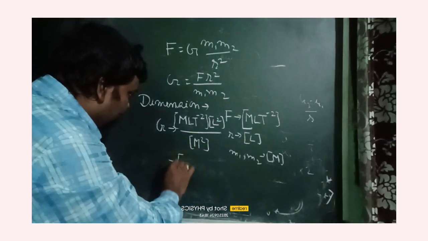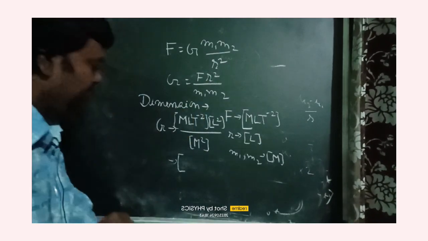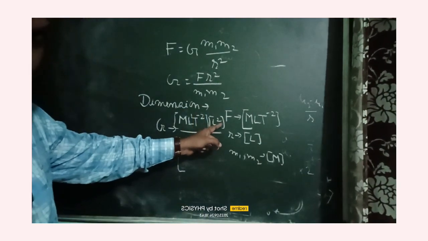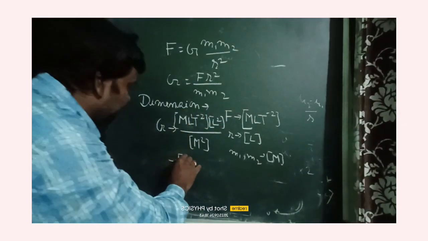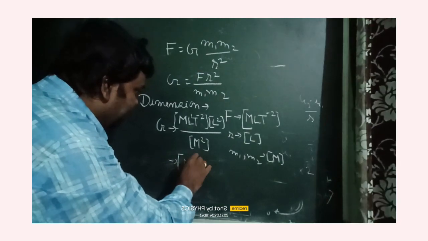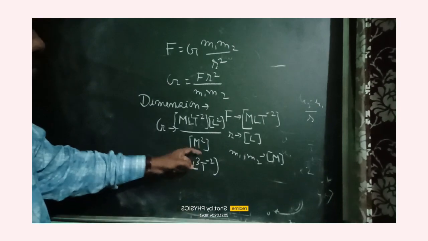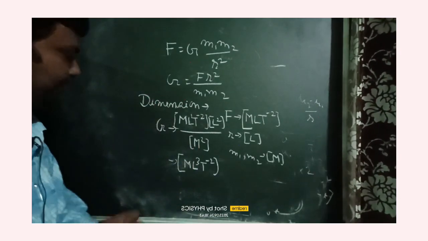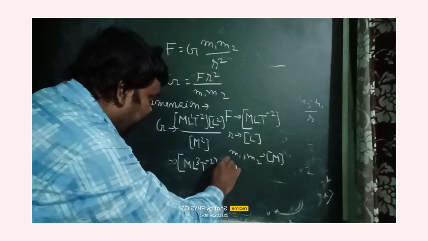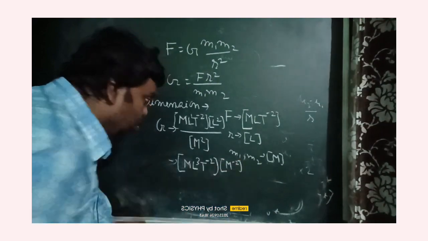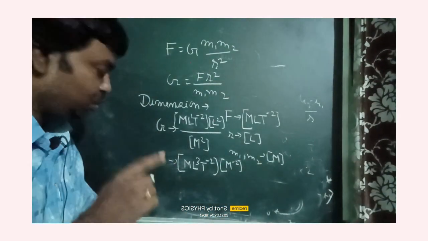Now we have L to the power 1 and here L to the power 2. So by addition, M L cube T to the power minus 2, and M square will be in the denominator, so we have M to the power minus 2.